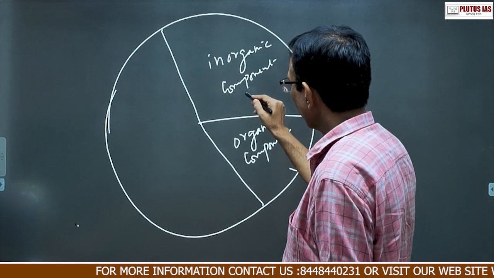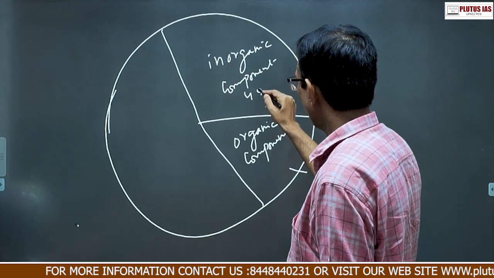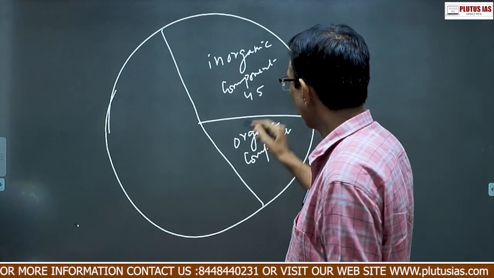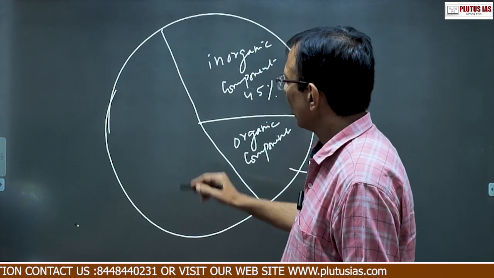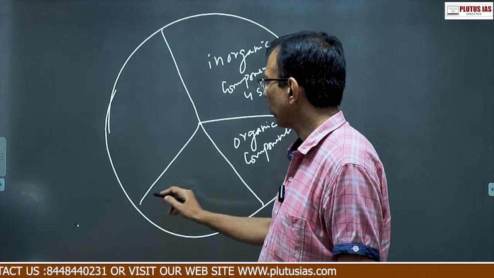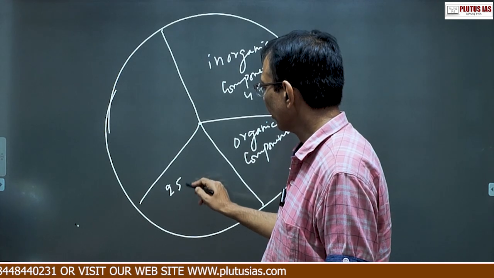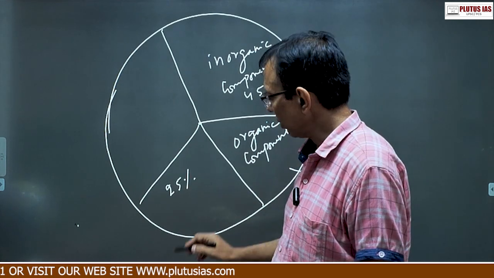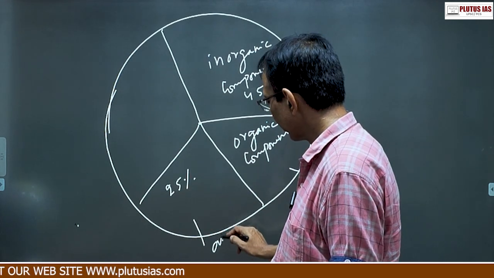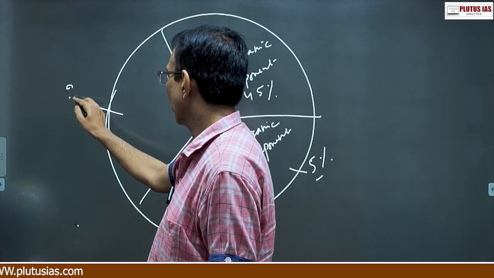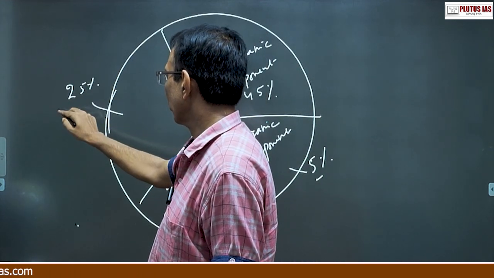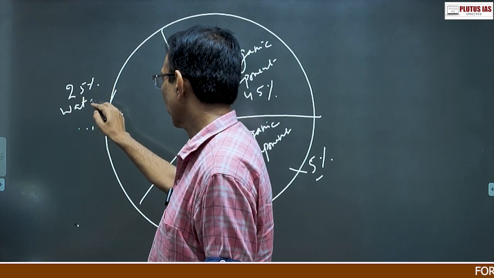This inorganic component dominates the soil, which contains 45% of the soil. Thereafter, 25% is air and 25% is water, right?